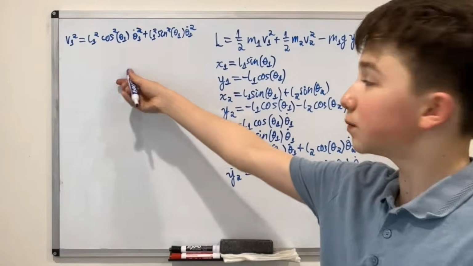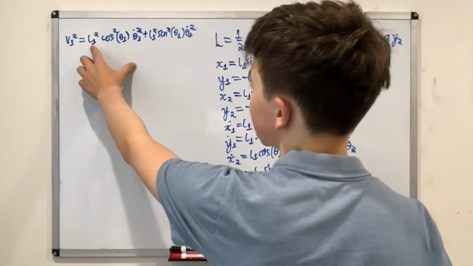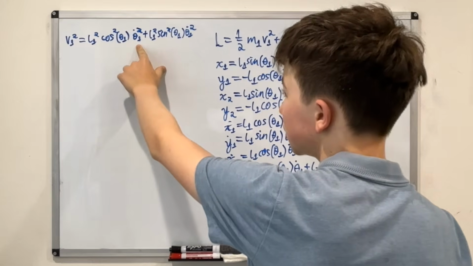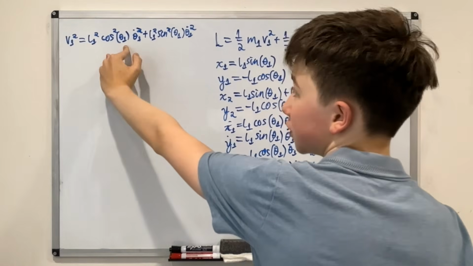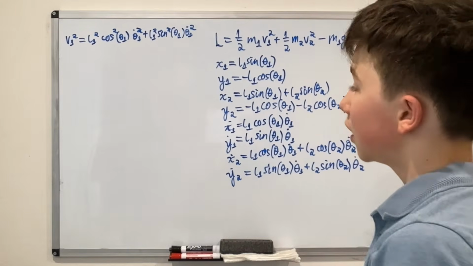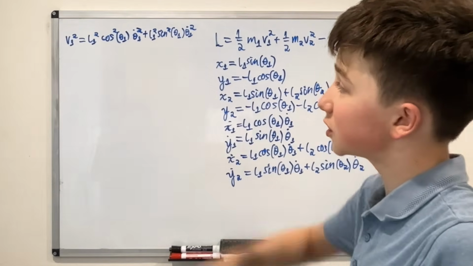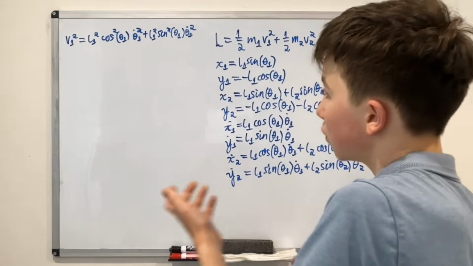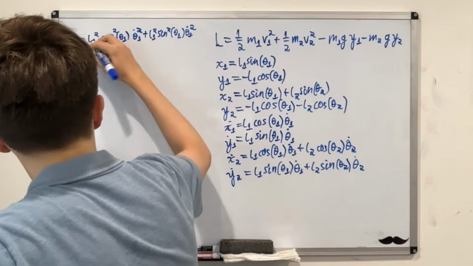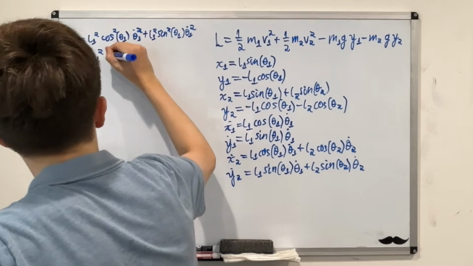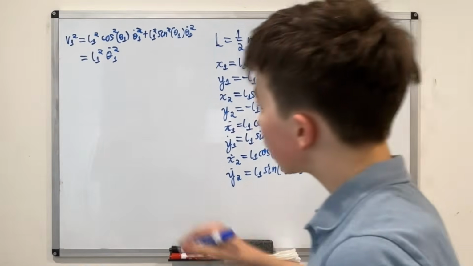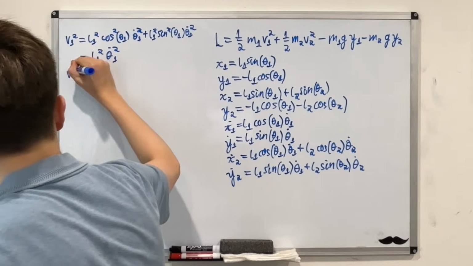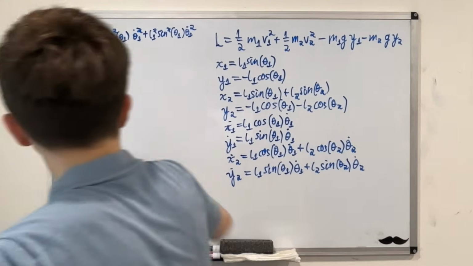So here we can simplify this a bit. We can factor out the L1 squared times theta 1 dot squared, and then inside we're just going to have cosine squared theta 1 plus sine squared theta 1. And of course, according to the Pythagorean identity, that's just equal to 1. So we're left with what we factored out, which is L1 squared theta 1 dot squared. Very simple. However, for v2 squared, it's going to be a bit more tricky, but we'll still have some nice simplifications.